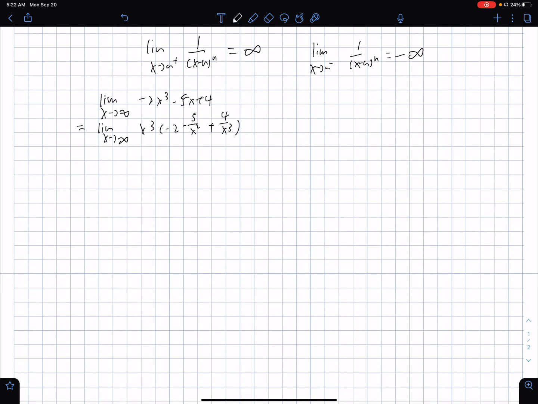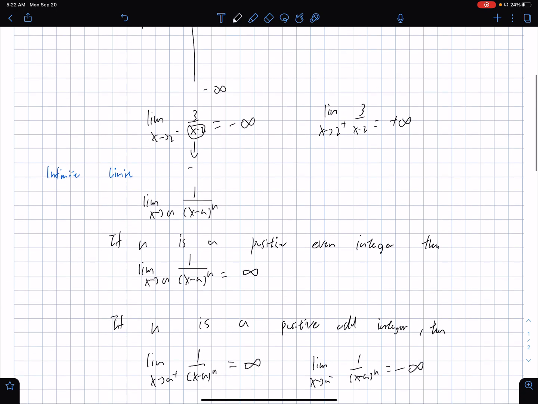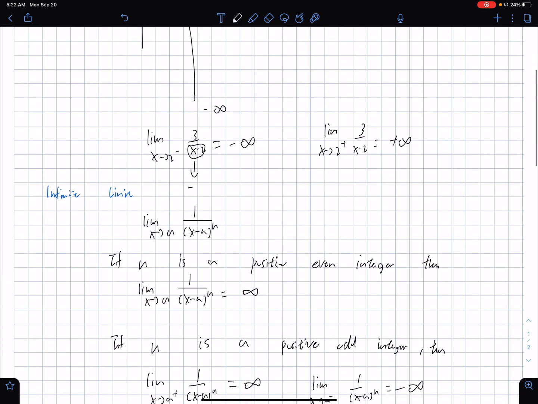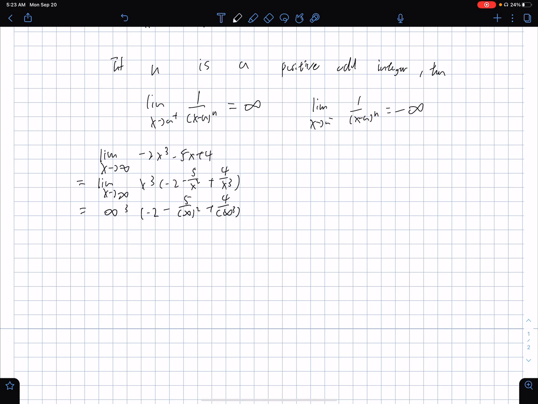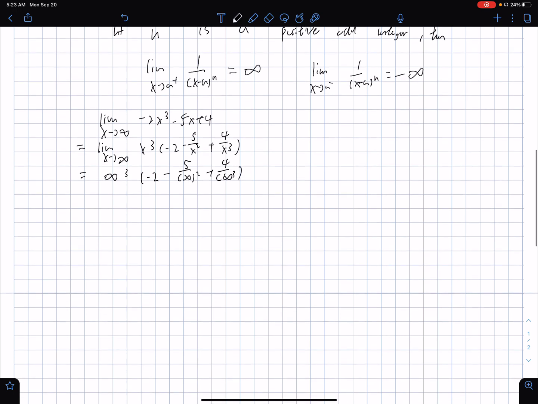It's important to have x cubed in this position because we can apply the thought process we used to evaluate this here to the problem down here. So now we plug in infinity, right? We would have infinity cubed times negative 2 minus 5 over infinity squared plus 4 over infinity cubed.